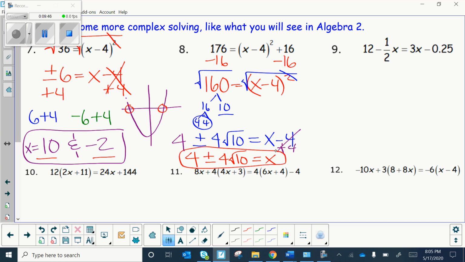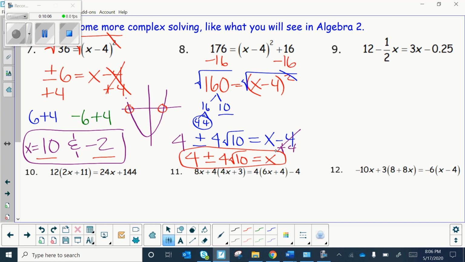Okay, so 4 plus 4 radical 10 and 4 minus 4 radical 10. Now if you just leave it written once like that, that'll be fine. So again, remember the plus and minus, for the same reason I showed you earlier.